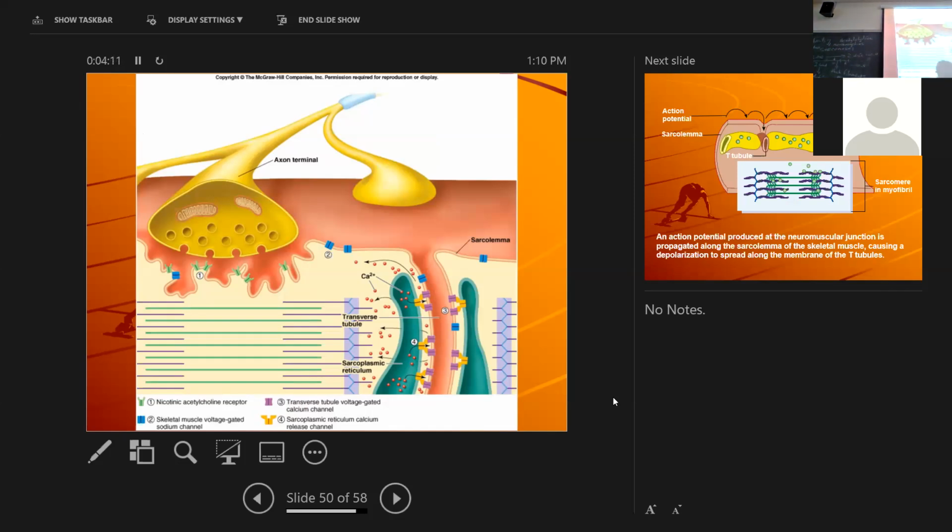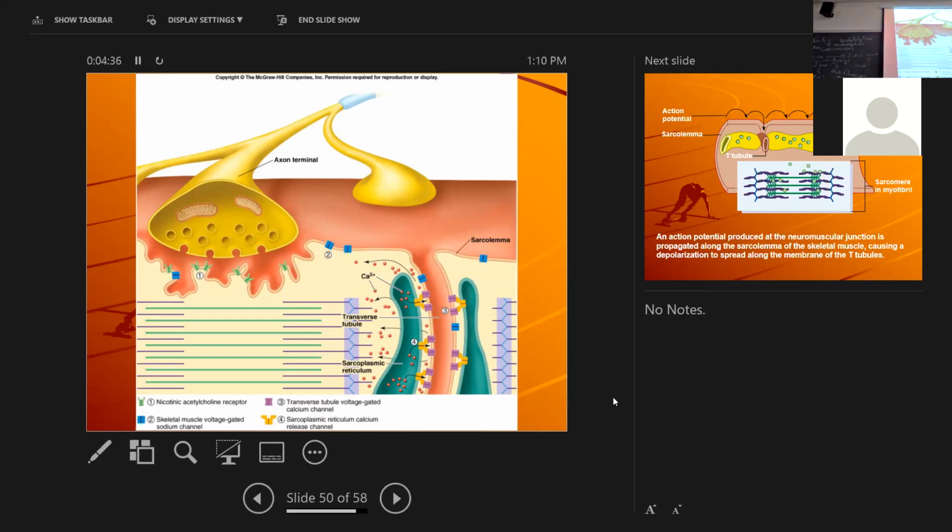This channel is also called a ryanodine channel. And it's called the ryanodine channel sometimes because the small molecule ryanodine binds them and causes them to open.